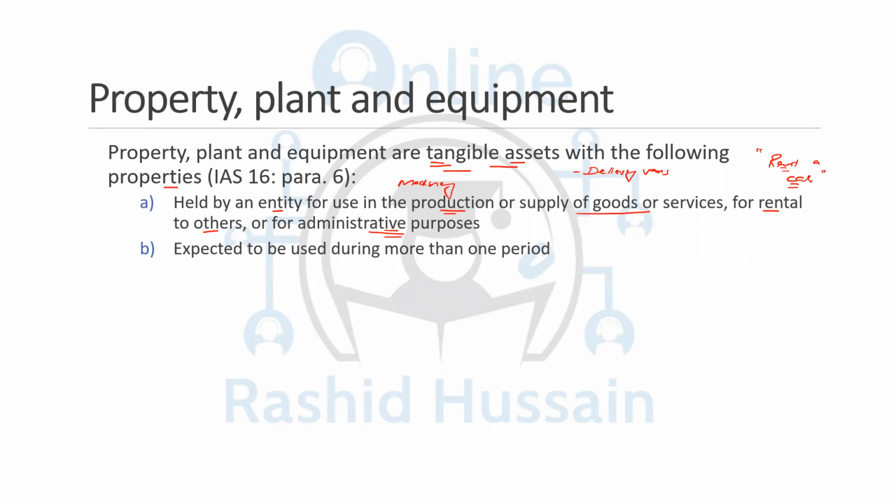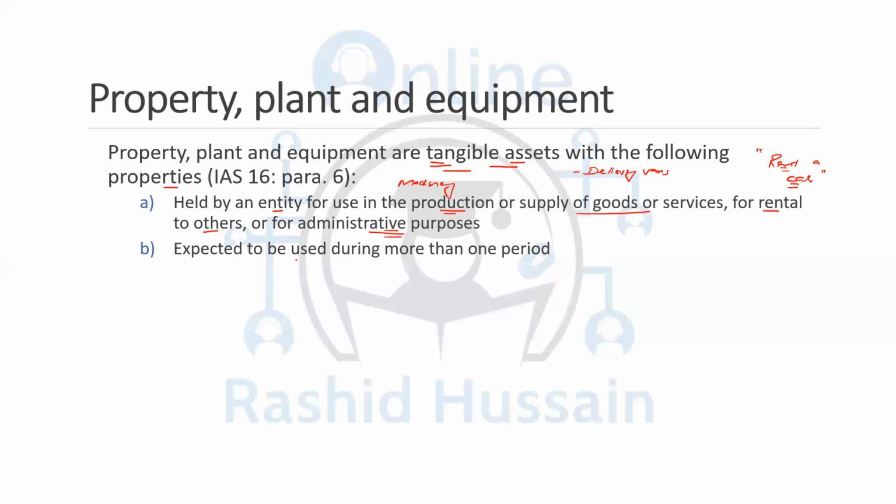Or for rental to others, such as the rent-a-car arrangement; there are many other examples. For example, you have heavy machinery such as cranes and bulldozers, which are being given to companies for construction purposes. You charge a rent for that daily or monthly. Or for administrative purposes, whatever we have for the administration.